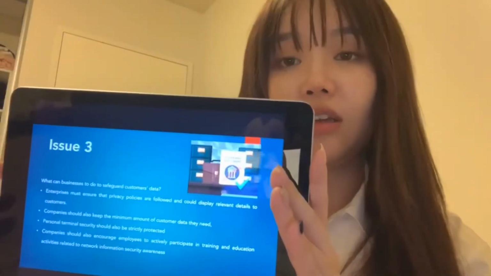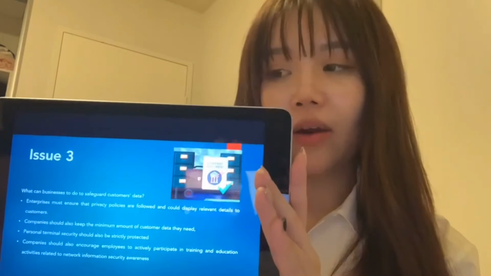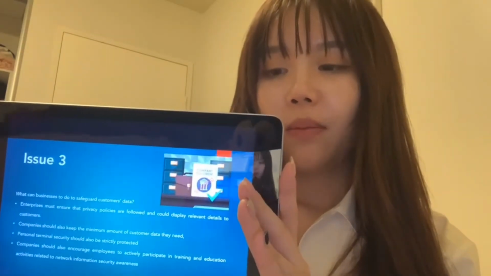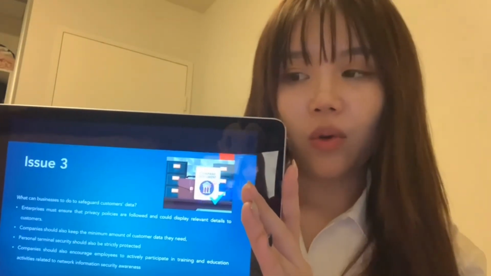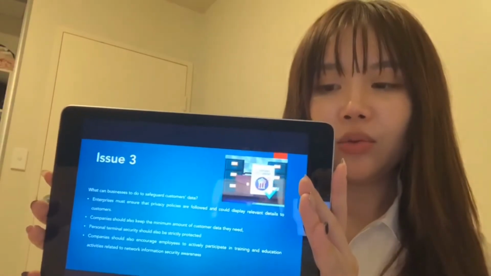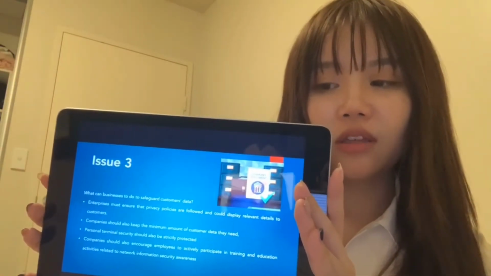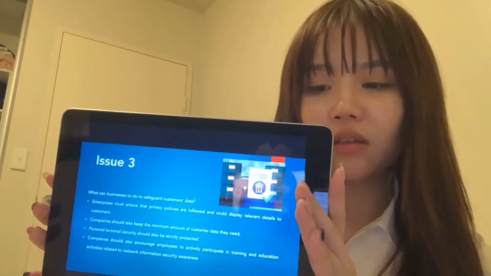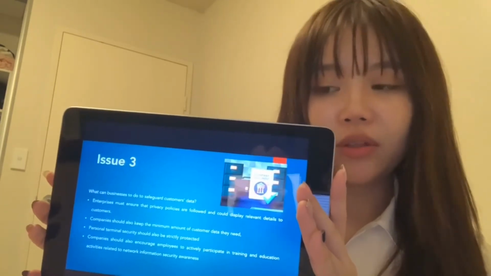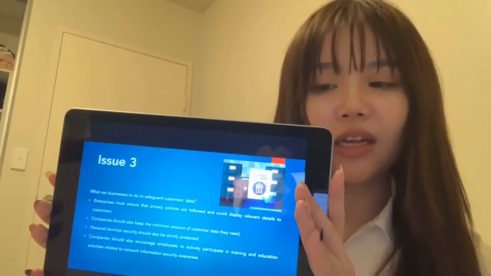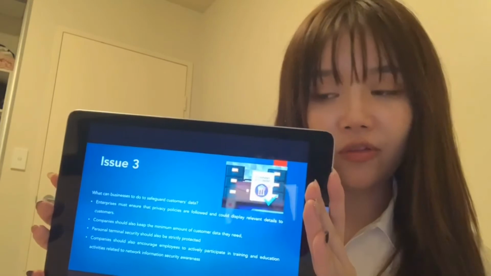After that, the last issue that our group will mention is to analyze what businesses can do to safeguard customers' data nowadays. While big data brings great value, it also brings challenges to the data security of enterprises.